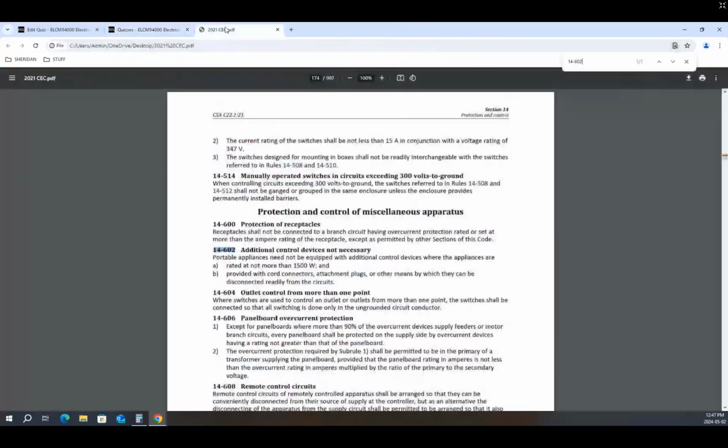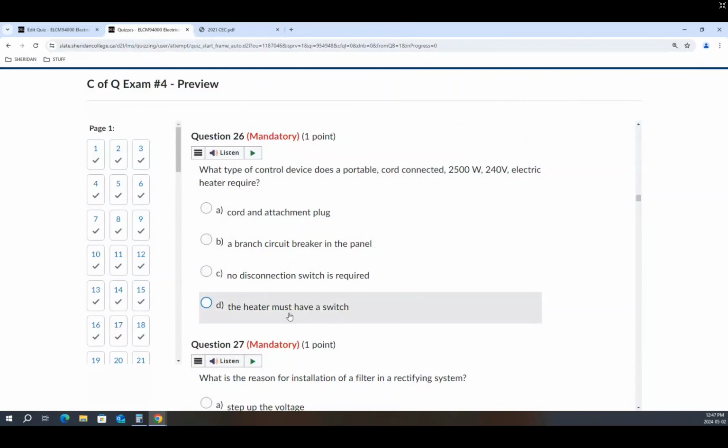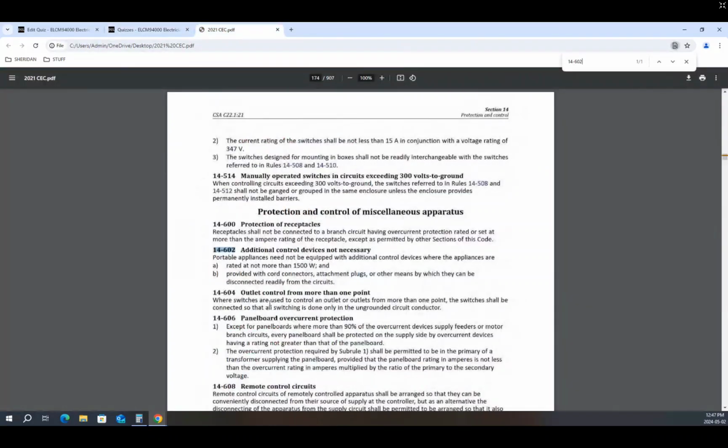So we're at 2500 watts. Portable need not be equipped where the appliances are rated at not more than 1500. Well, we're more than 1500. Provided with cord connectors, attachment plugs, or other means by which they can be disconnected readily from the circuit. So cord and attachment plug.